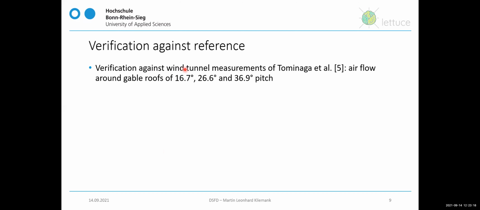And then to verify, of course, figure out if this whole thing is representative of reality, we're comparing against the wind tunnel measurements of Tominaga et al., who were also investigating the airflow around gable roofs of different pitches. So, of course, for the comparison, all the parameters were changed to fit their parameters as closely as possible for maximum comparability.